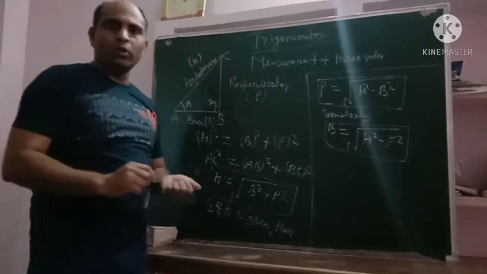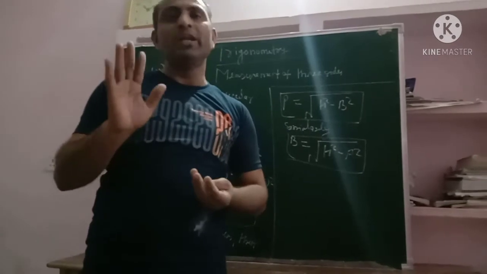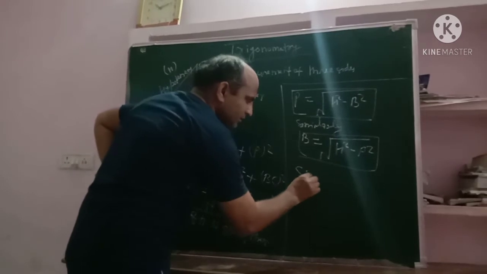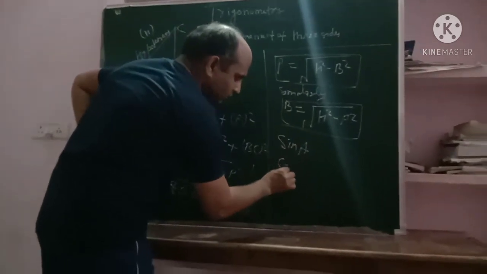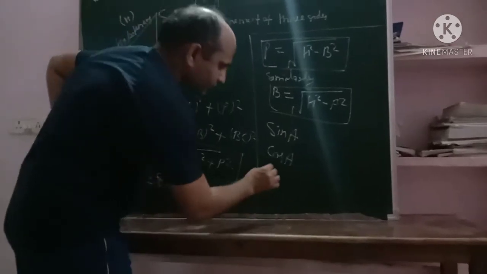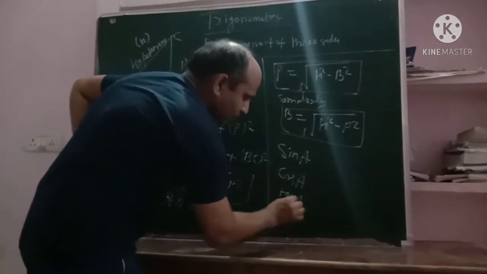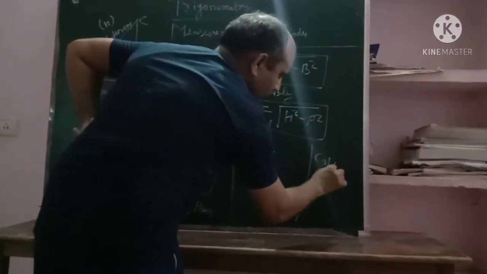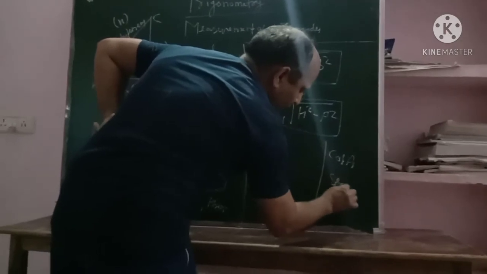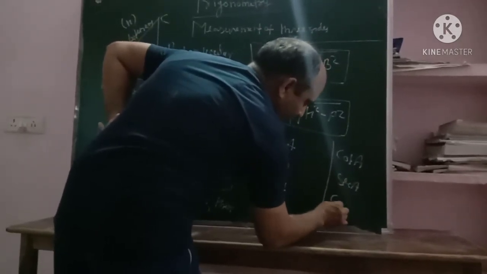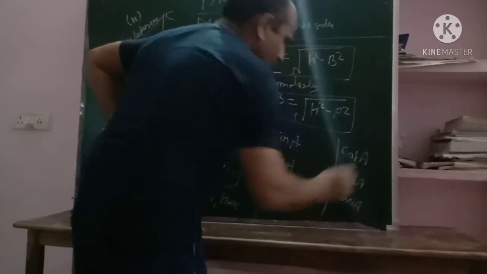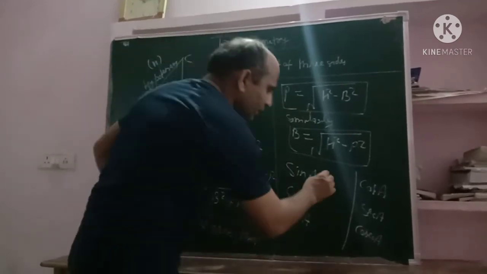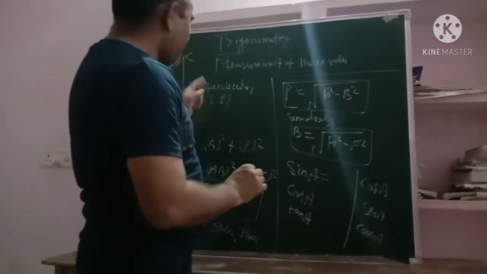In this way there are 6 trigonometry ratios, whose names are sin A, cos A, tan A, cot A, sec A, cosec A. These are the 6 trigonometry ratios, in which sine is the ratio of perpendicular upon hypotenuse.